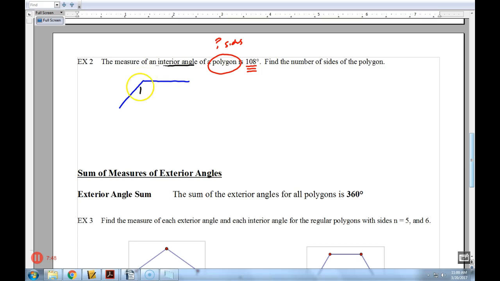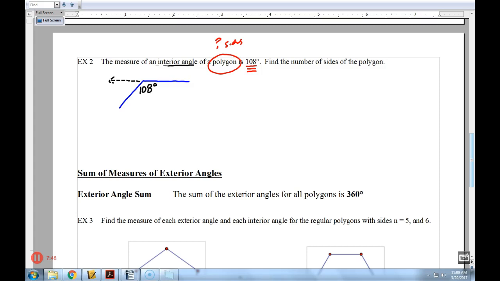And I know that this angle here is 108 degrees. And it's going to keep going all the way around, being 108, 108, 108. And if I straighten this line out right here, I create what's called an exterior angle, or an outside angle.